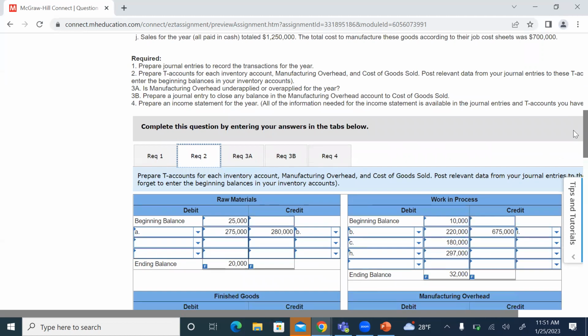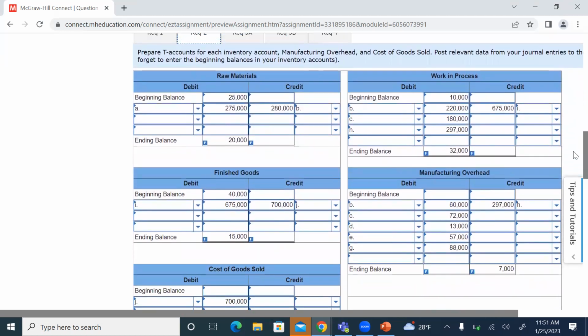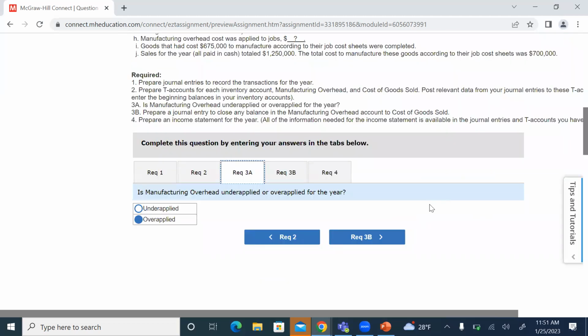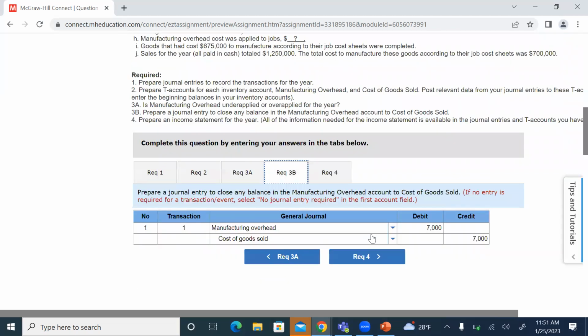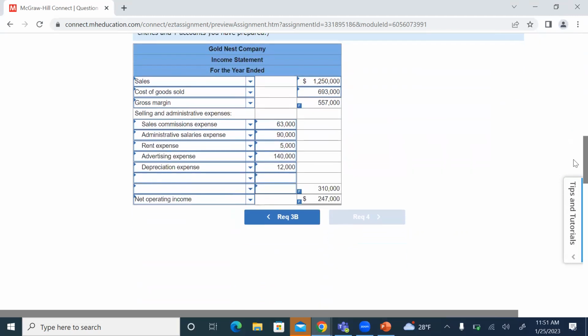Now, here you have to post them to the various accounts. It was overapplied. Here's how you're going to go about overapplying it. And then ultimately your income statement.